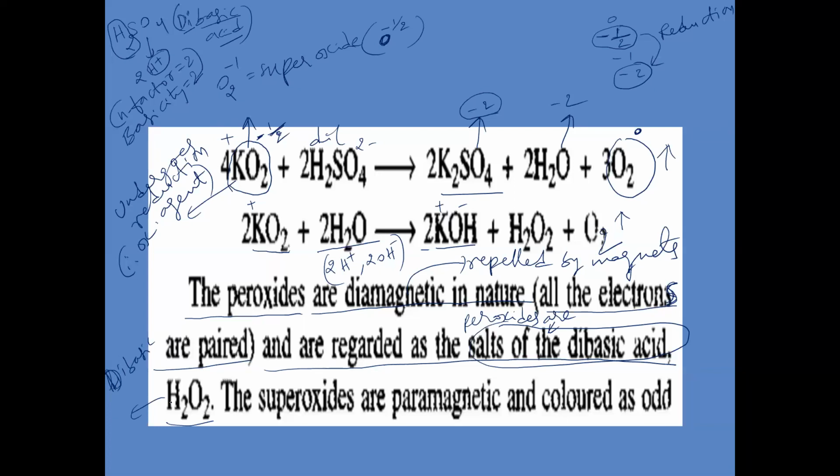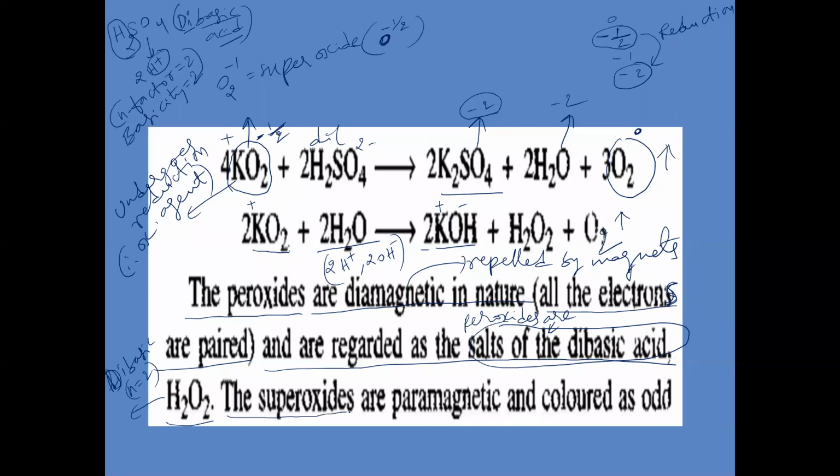Each H2O2 can produce how many H plus totally? 2 H plus. So what is the N factor here? N factor of H2O2 is 2. That's why H2O2 is also called a dibasic acid. From H2O2 we can get Na2O2. So Na2O2 will be regarded as the salt of dibasic acid.